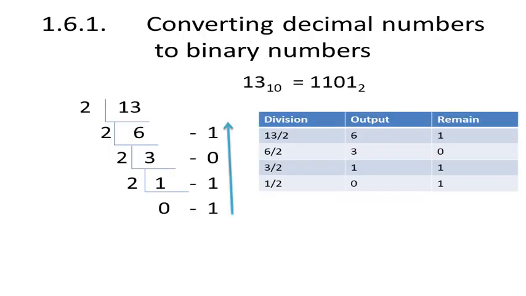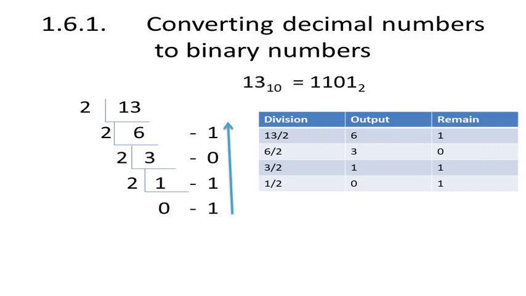Here there are several examples that will explain how to convert decimal numbers to binary numbers. Example: 13 in decimal format, we convert into binary format. 13 divided by 2, the answer is 6 and remaining 1. Again 6 divided by 2, the answer is 3, remaining 0.